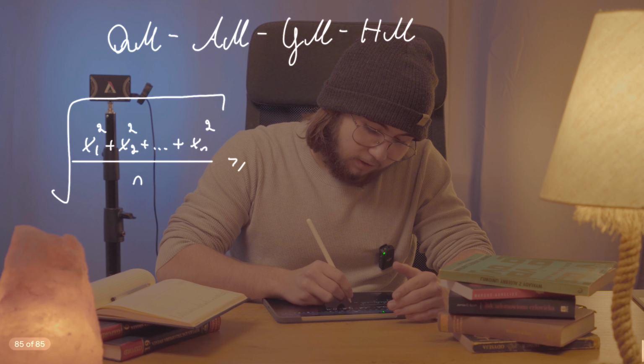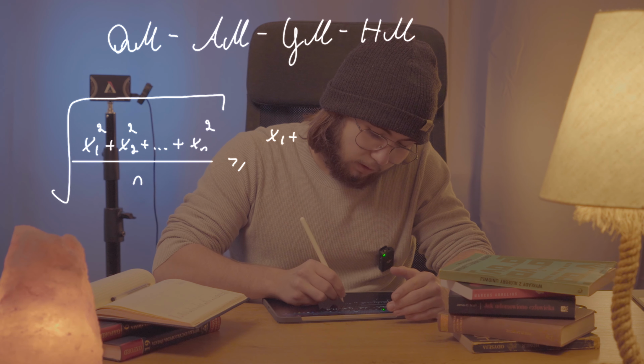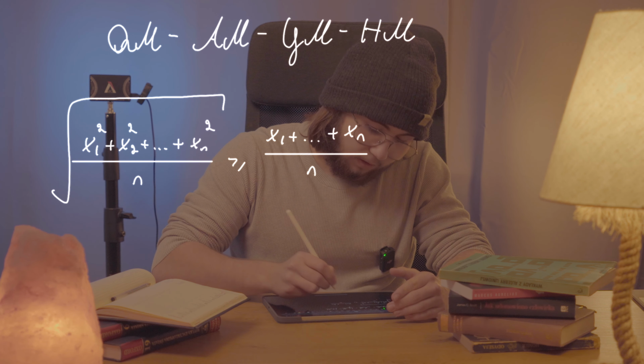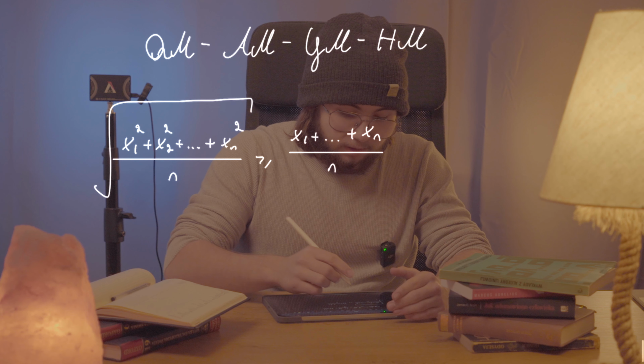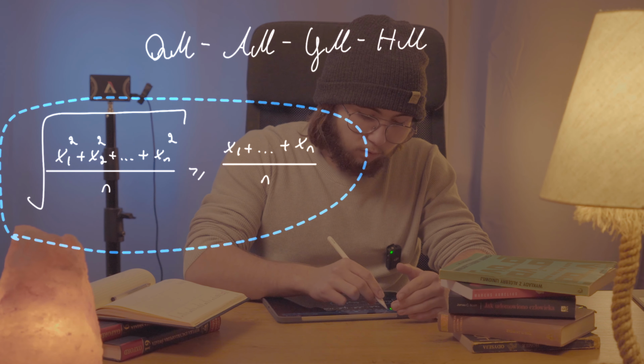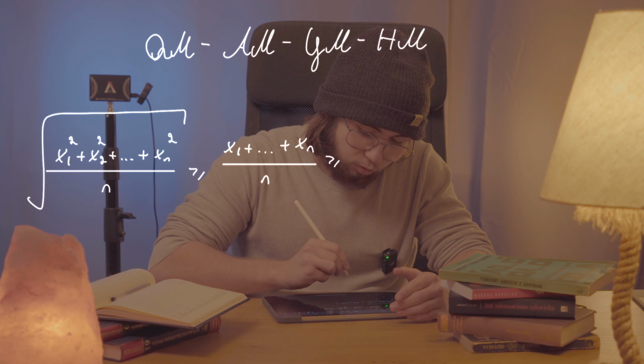which is just the regular mean everybody knows, the sum of the numbers we're trying to take the mean of divided by the amount. And this arithmetic mean is supposed to be greater than or equal to the geometric mean, abbreviated GM.